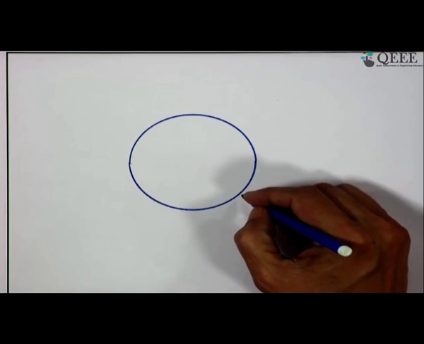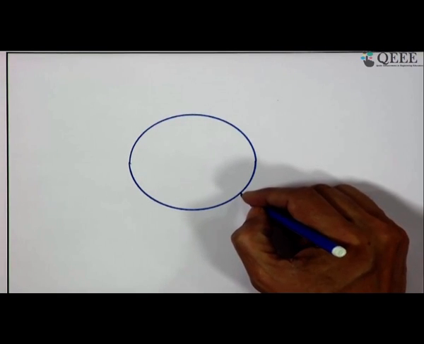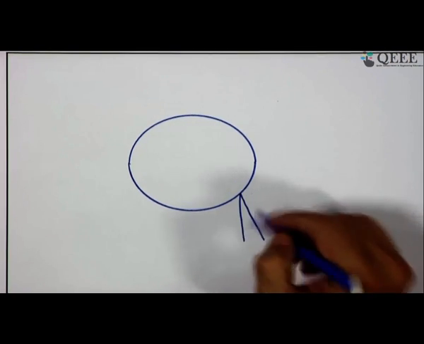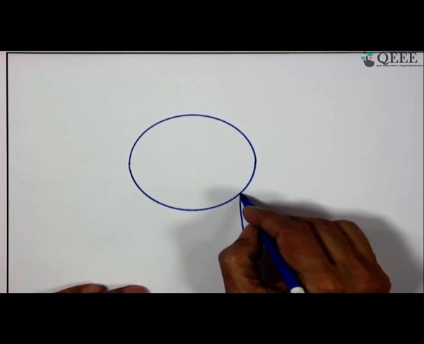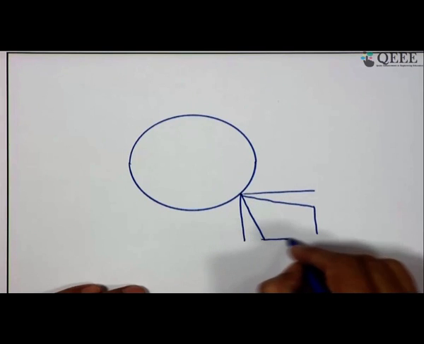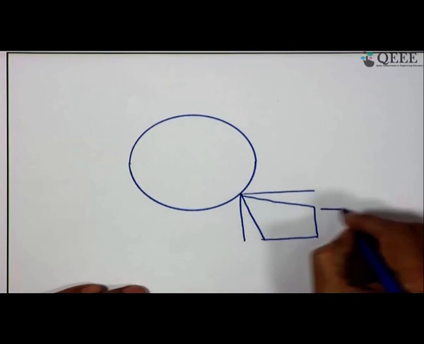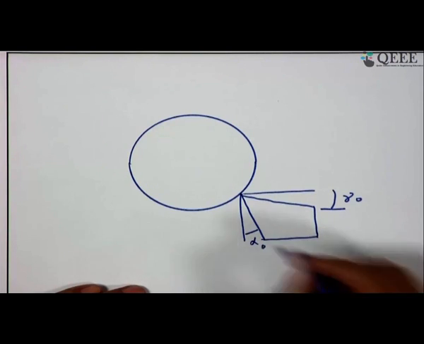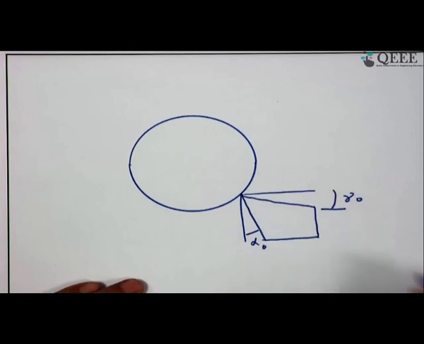Now, here I place the tool point. So, tool point means the tool should be recognized with the clearance angle and with the rake angle. So, these are the clearance and rake. So, friend, you can immediately recognize the rake angle of the tool. Obviously, that is the orthogonal plane. So, this is the tip of the tool.